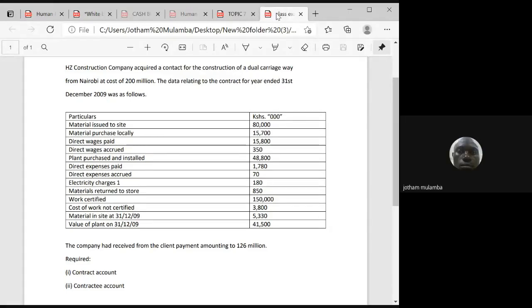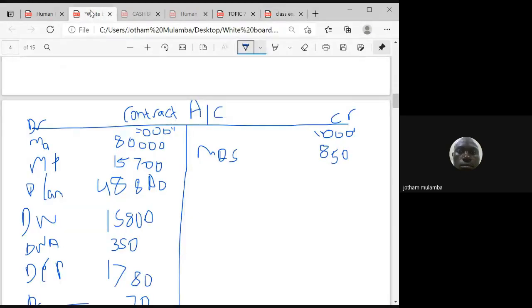Material on site, 31st December, so that's the last day. So that's the balance. We have material on site, 5330.